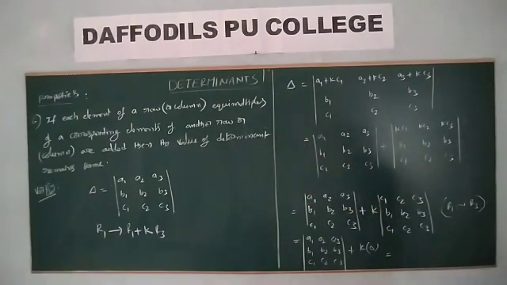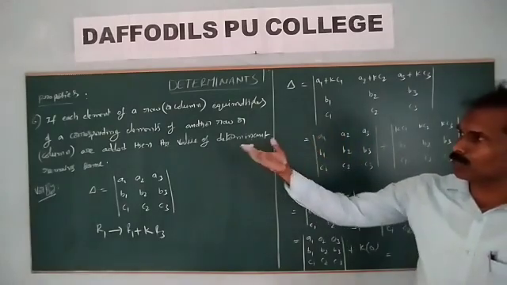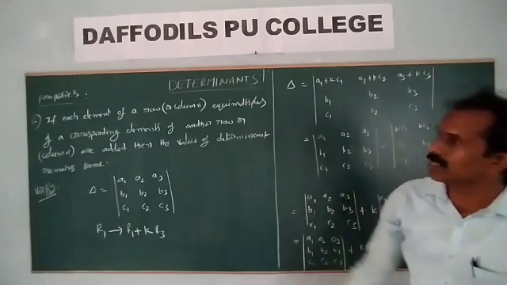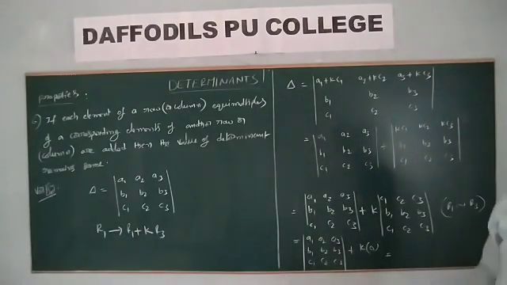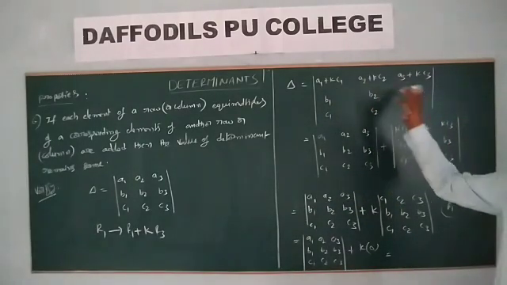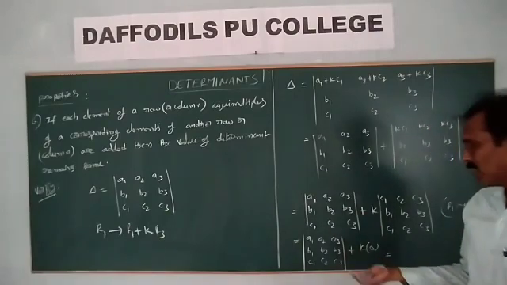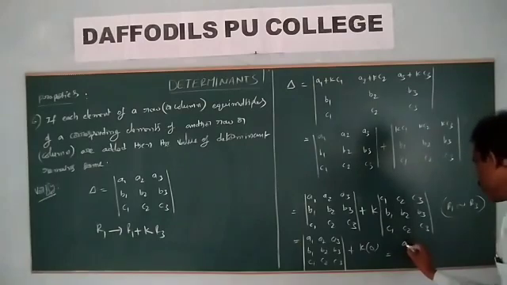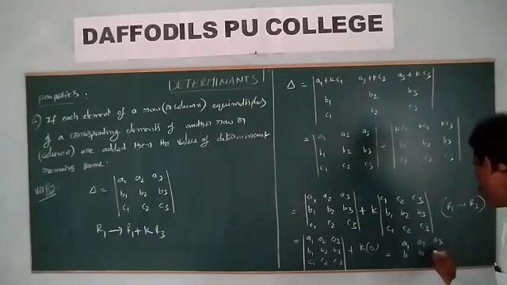So the remaining is the resultant. What is it? If each element of a row or column is added with equal multiples of the corresponding elements of another row or column, either second or third, then the value of the determinant remains the same. So what you take first, that is the only resulting answer: A1, A2, A3, B1, B2, B3, C1, C2, C3.